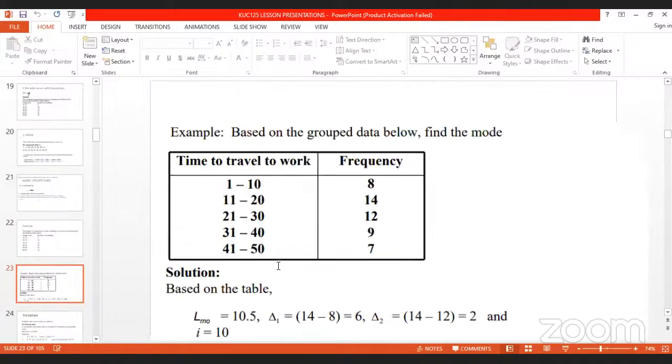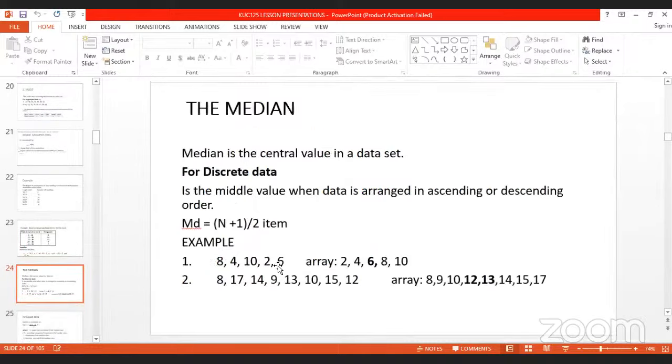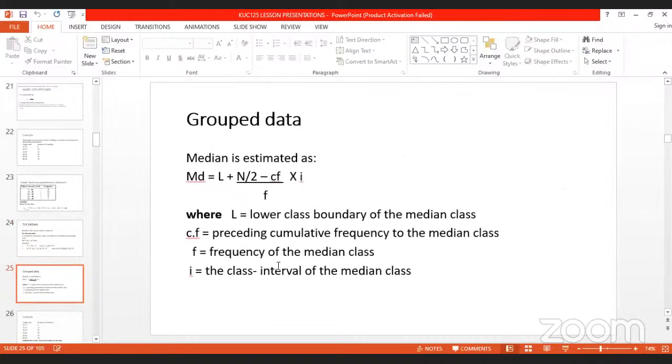So we did describe the median for a given set of data as that item that takes the (n+1)/2 item. So if there are two central values, then we get the average of those two values. For grouped data, we gave the formula of how to estimate that value.